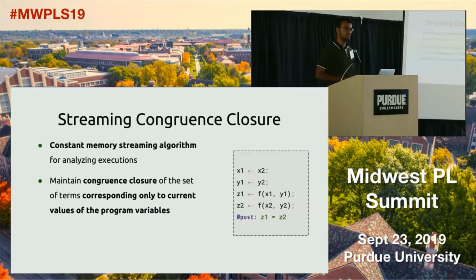If you look at this example, again, as we said, the only reasoning we need here to assert the postcondition is that when x1 and x2 are equal, and when y1 and y2 are equal, then it must be the case that f of x1, y1 is the same as f of x2, y2. This is the congruence axiom, and that's what we need to argue correctness. And essentially, that's what our algorithm does. Now, it so happens that in general that may not be possible, but the restrictions of coherence make it possible.